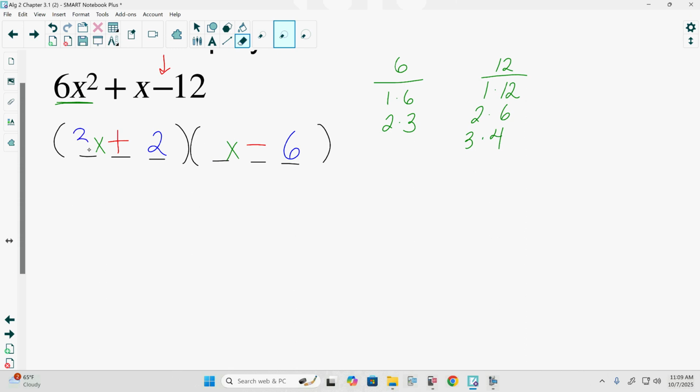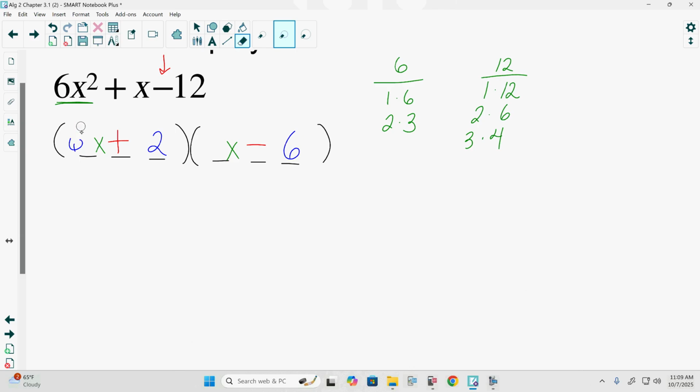I'll just switch the 3 and 2 for our factors of 6, yes? 3x plus 2. 3x and 2 does not have a greatest common factor. So we're good there. The other one is 2x plus 6, which has a greatest common factor of 2. So no matter how I set that one up, I would have a greatest common factor in either case, yes? Okay. You know what? I'm going to do 6 and 1 for our factors of 6. 6x plus 2 has the greatest common factor of 2, yes?